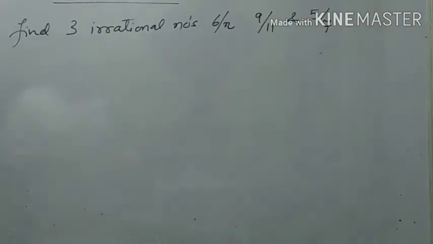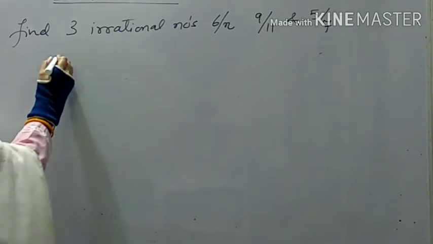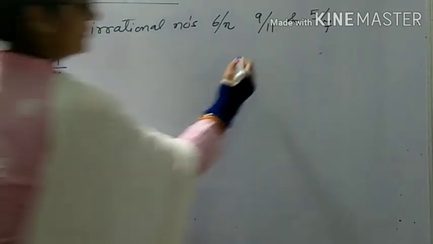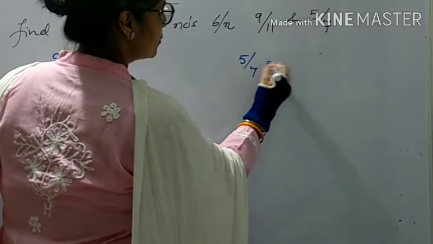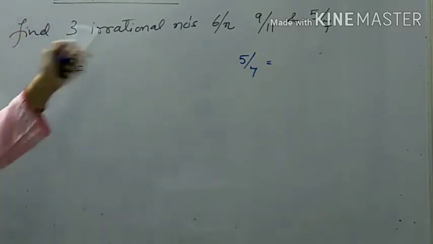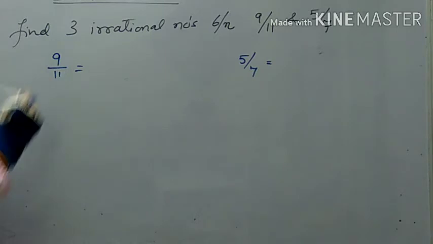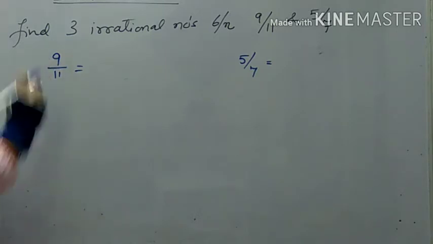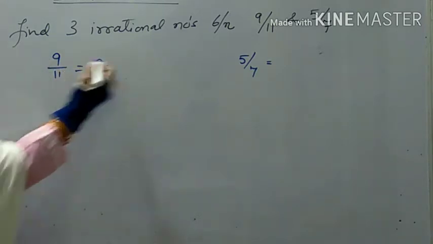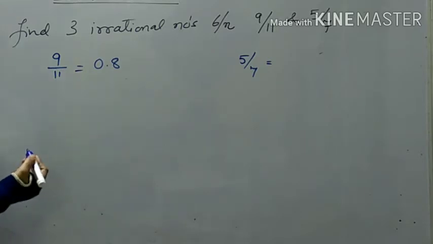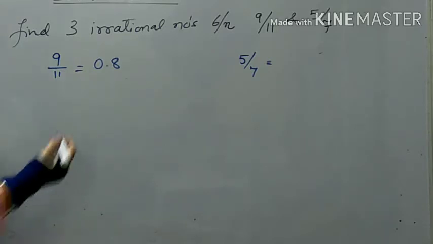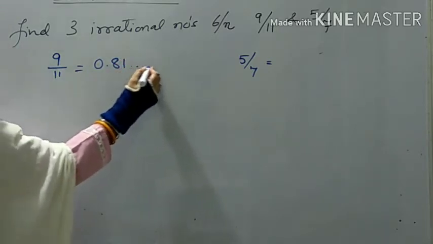Now how to insert irrational numbers between two given rational numbers? Here the rational numbers are 9 by 11 and 5 by 7. To write an irrational number between these two numbers, first we have to get the decimal representation of these numbers. Now what is 9 by 11? It is 0.8181 and so on.